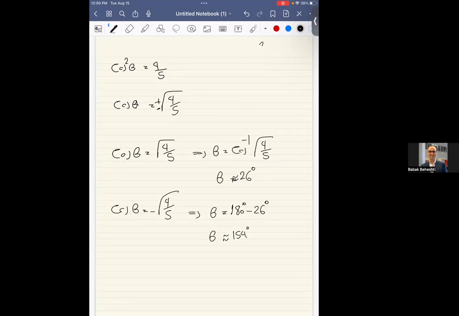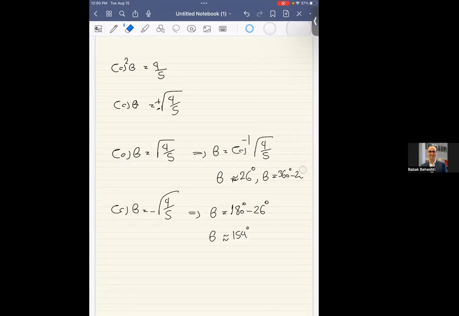These are the answers between 0 and pi. But if you want between 0 and 2 pi, there is another one here. So theta equal to 360 minus 26. And another one here. Maybe I write the other solution with another color.